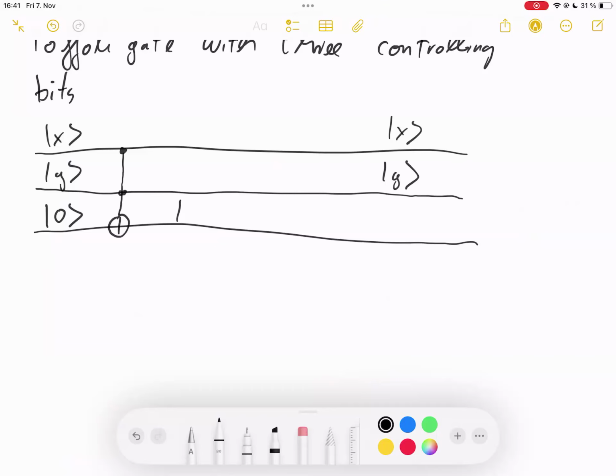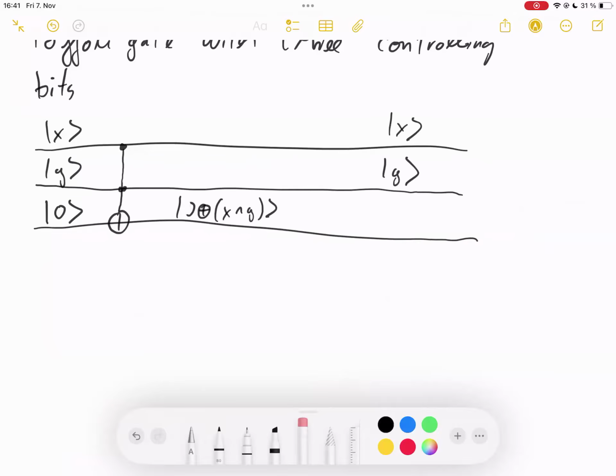So 0 XOR X and Y. And we saw that this is the neutral element, this X or 0. So I can also just remove this and I have an X and Y coming out of here.